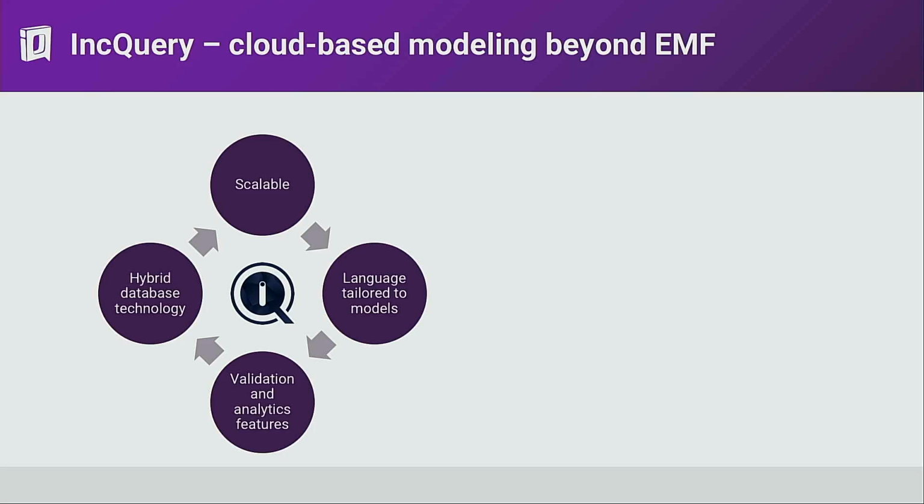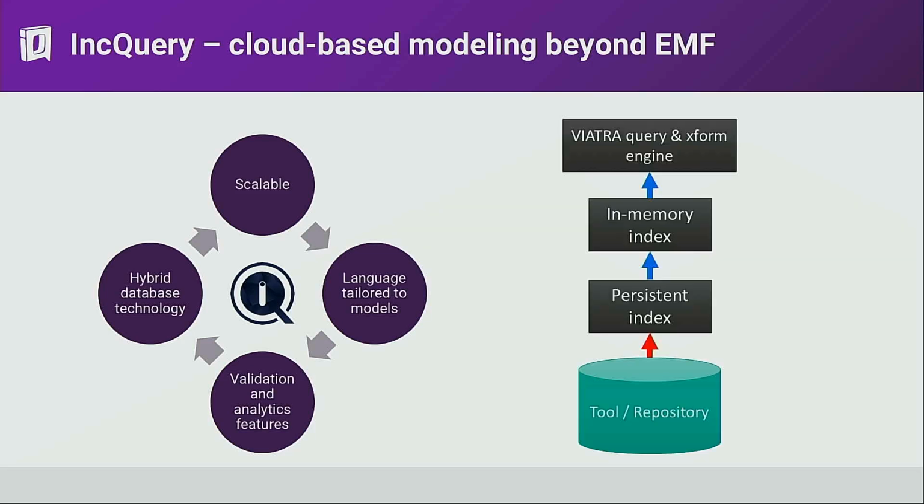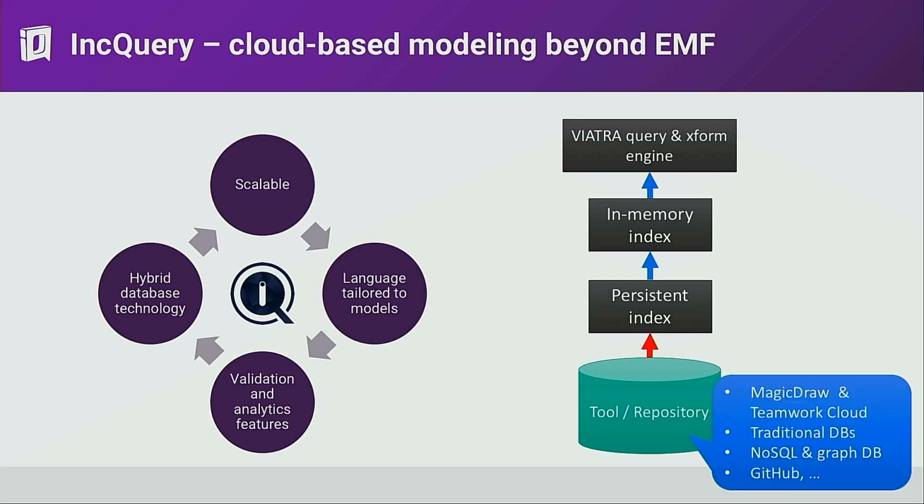The heart of the IncQuery technology is an engine which I call hybrid database engine. And by hybrid database, I specifically mean the fact that it not only relies on a persistence mechanism well known from database technology, but also an in-memory representation which allows the high-performance operation of the query and transformation engine.